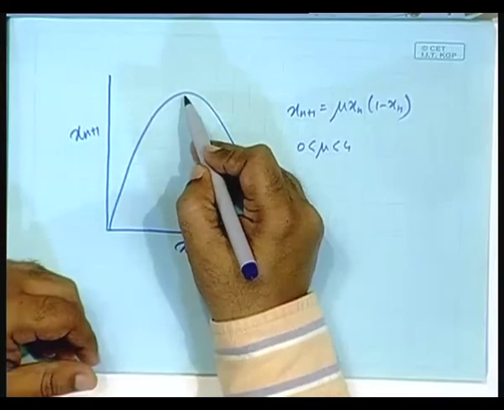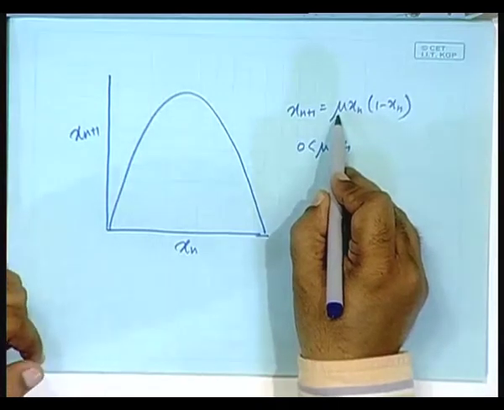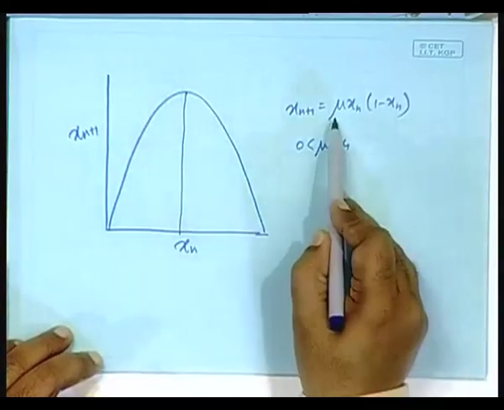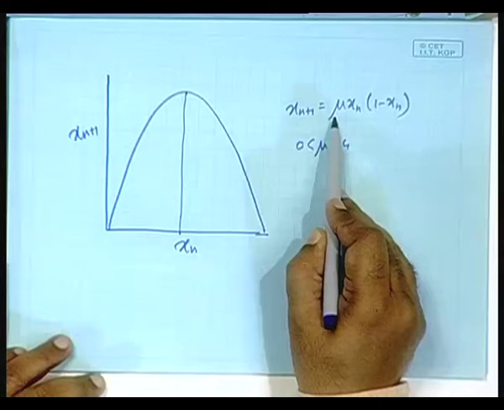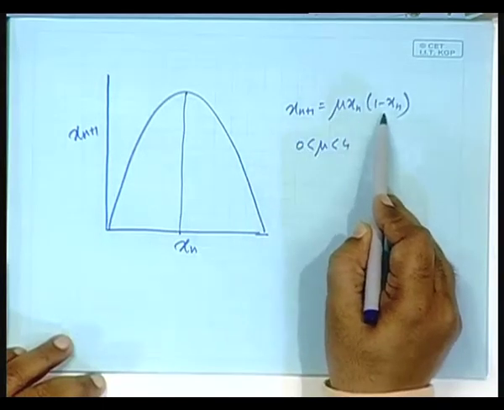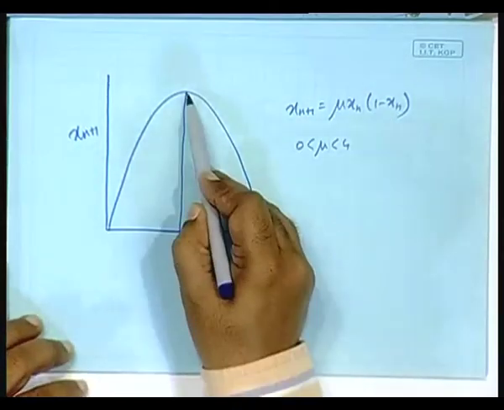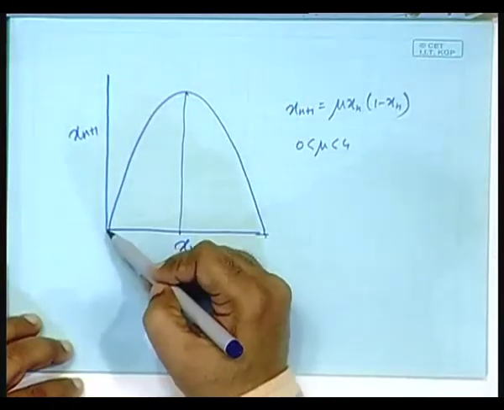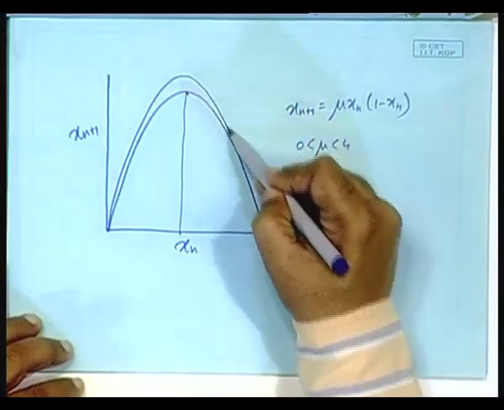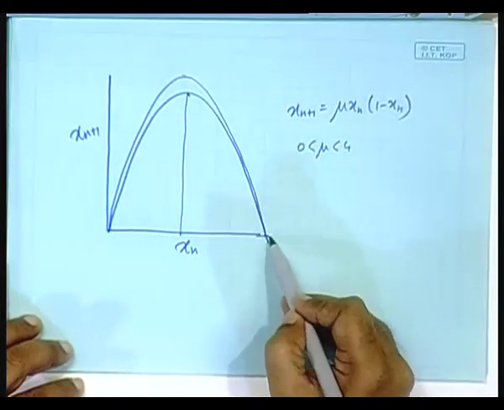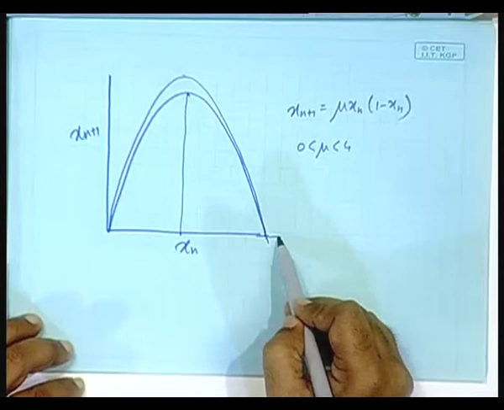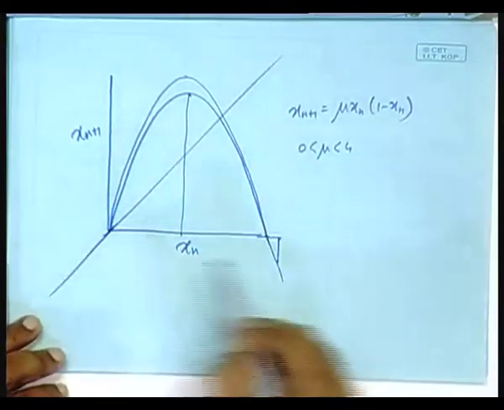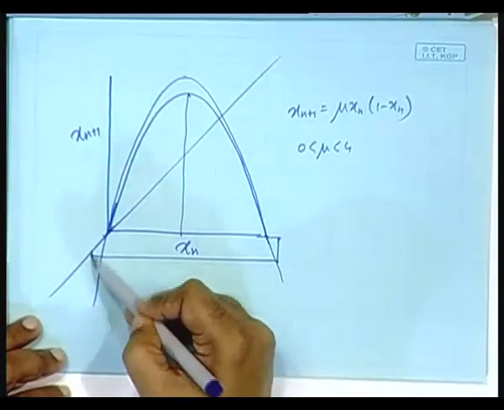See, at 4, where does the middle point map to? 4 times 0.5 times 0.5, you get 1, which means this point maps to this point. If mu is greater than 4, it will be larger. As a result, this point will map to a point that is further this way, and in the next iterate it will map here, in the next iterate it will go to the 45-degree line which is here.